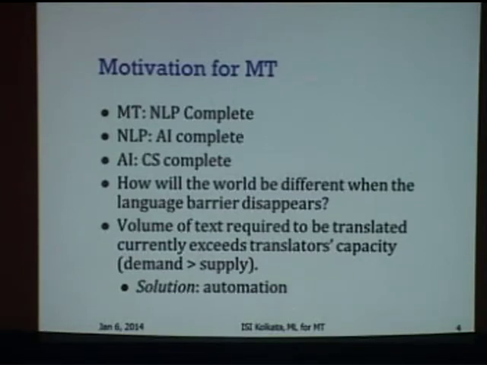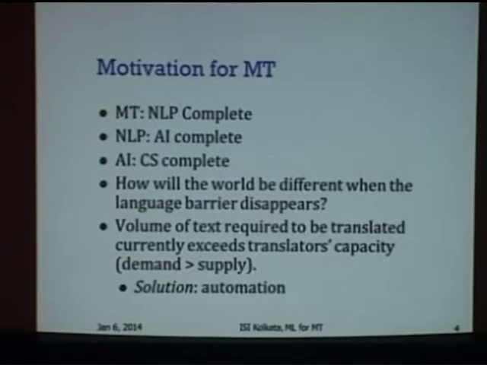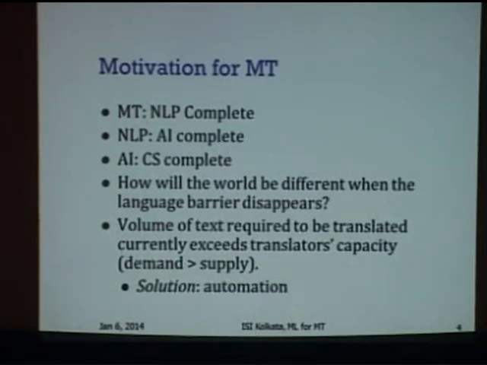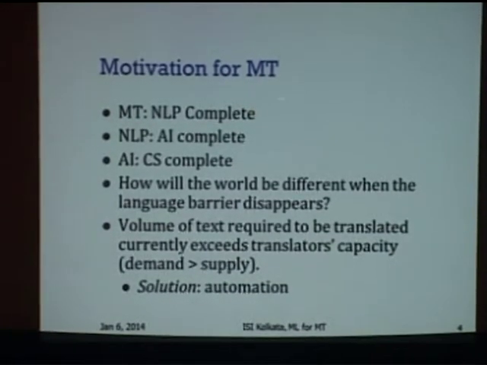Now, machine translation is a branch of natural language processing, and these are some loose statements. The completeness is not in the sense of completeness of NP-completeness theory. It is not as if we have an NLP-complete problem which is converted to a machine translation problem in polynomial time and so on. This is not the intent. What is intended is that machine translation drives natural language processing.